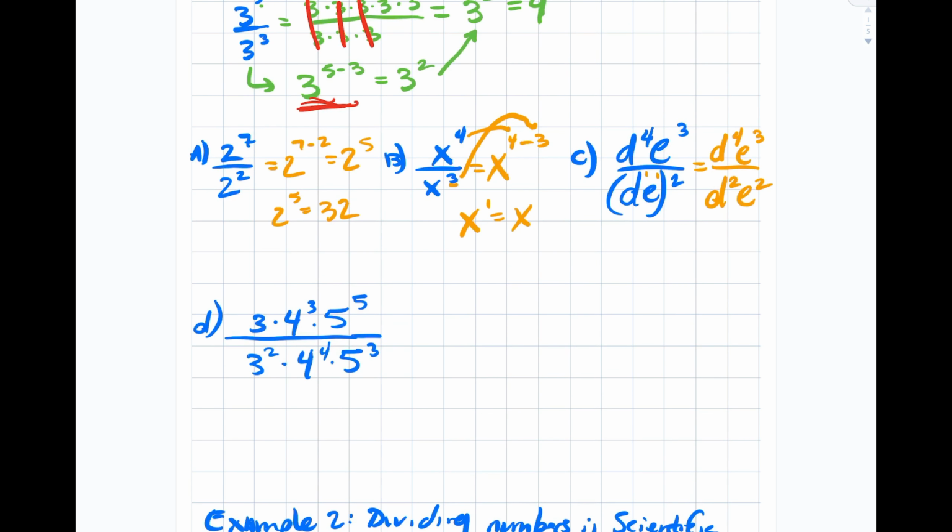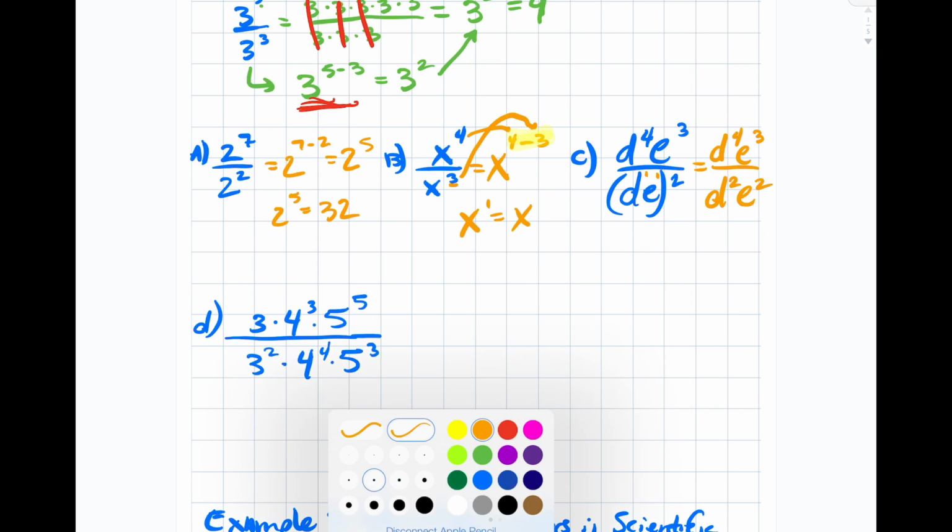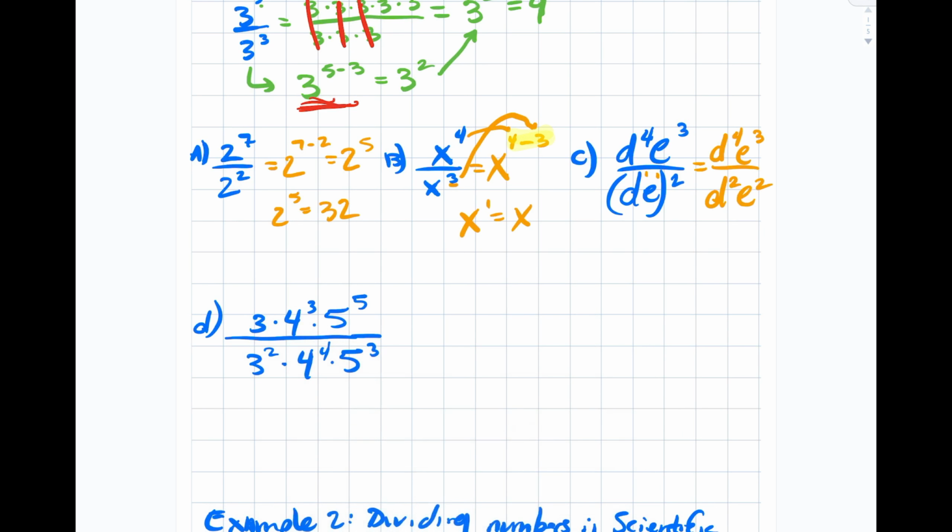If you don't like the subtraction method we used over here, another way to think about this is to look at which side has more. We have more D's on the top: 2 on the bottom and 4 on the top, so 2 D's are left over on the top of the fraction.